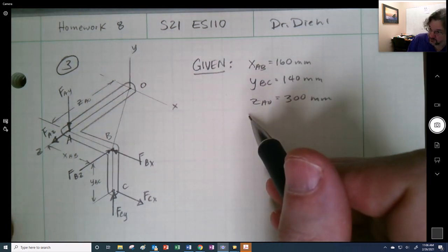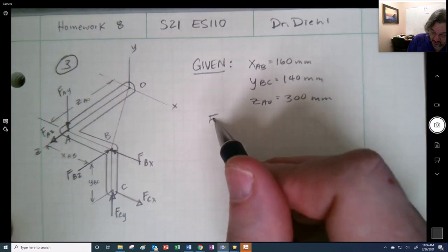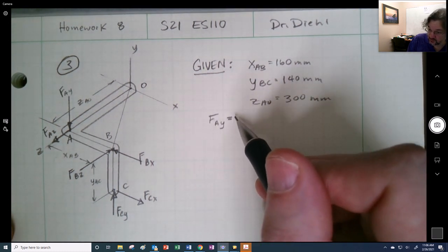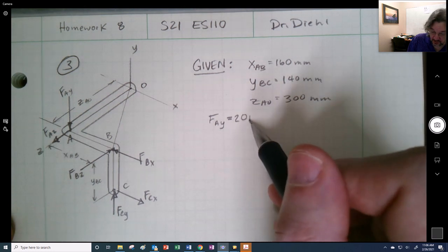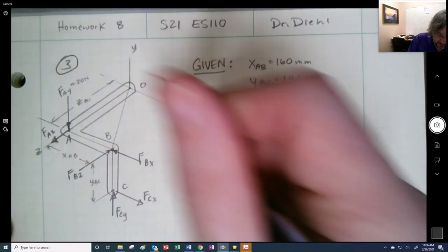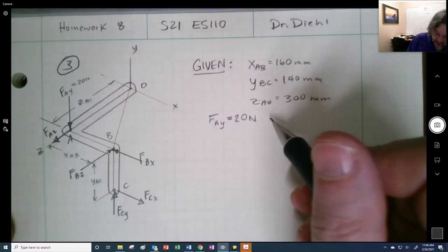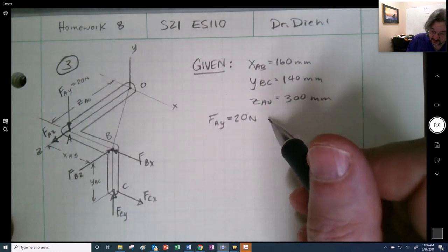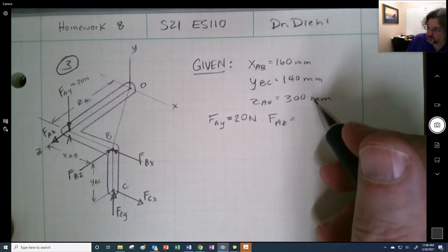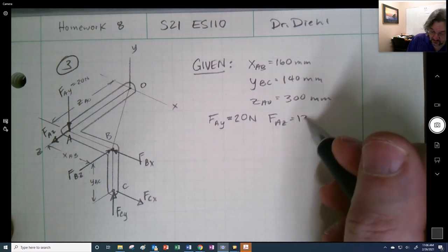And the applied loads are FAY equal to 20 newtons. I'm not going to be able to fit that FAZ in there. FAZ is 12.5.